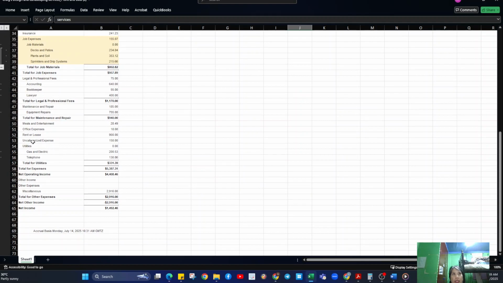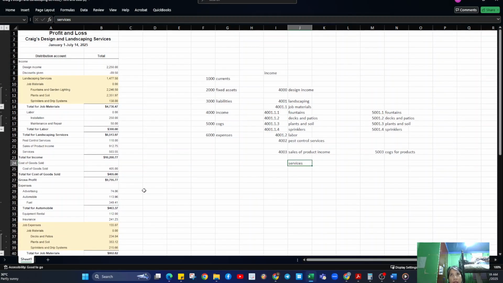And if there are any uncategorized expense or uncategorized income, then this has to be resolved. So there will be proper definition of all the transactions in the profit and loss, because in the preparation of either the client's schedule C in his 1040 or 1120S, the expenses should be properly defined.